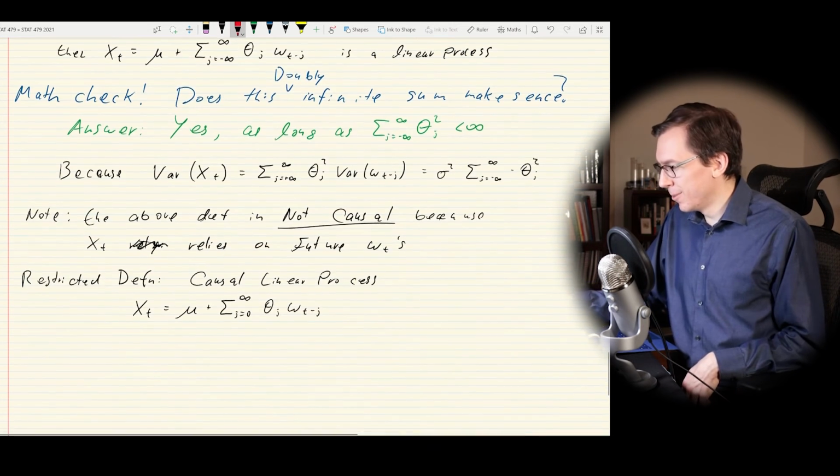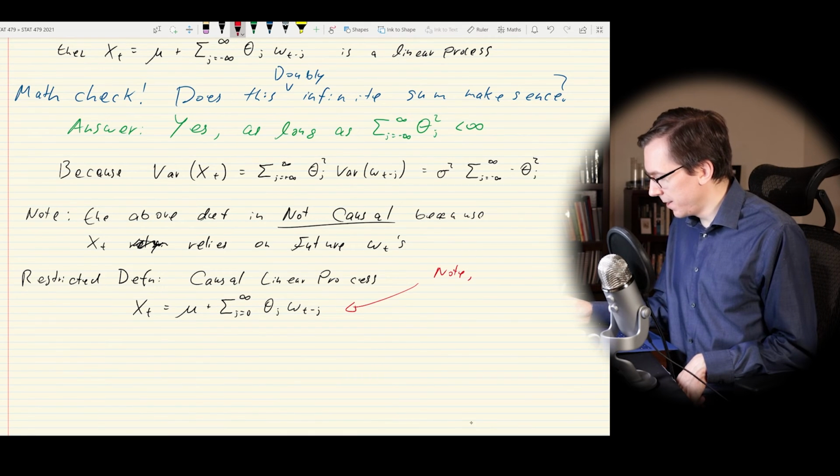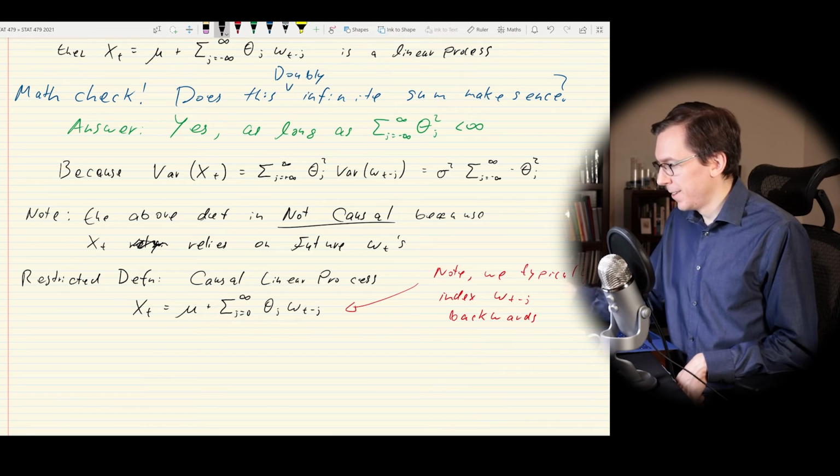One other thing I wanted to note here: we typically index w_t backwards, as w_{t-j}.